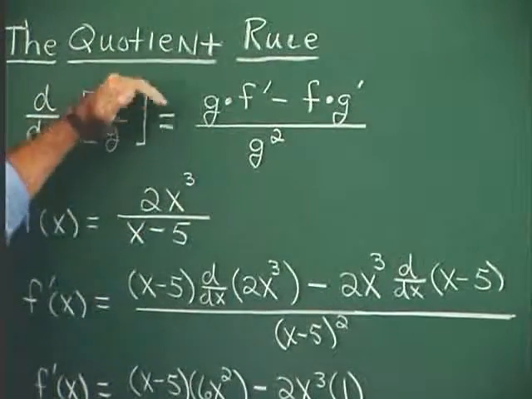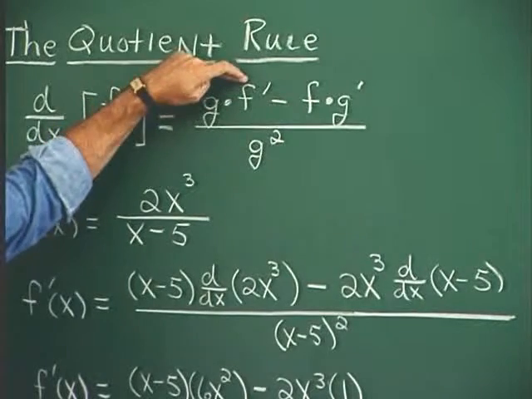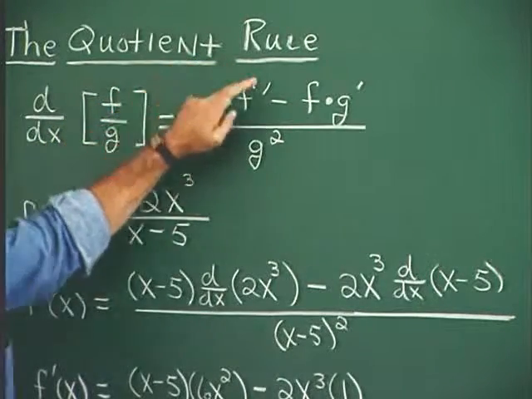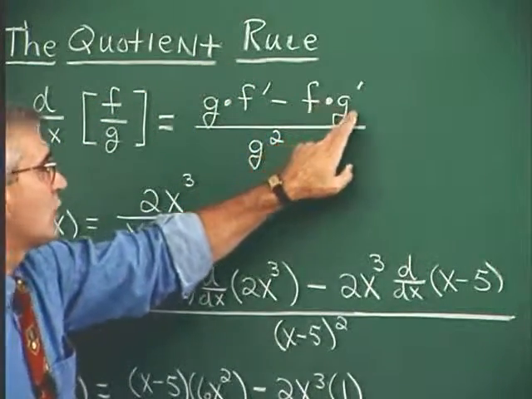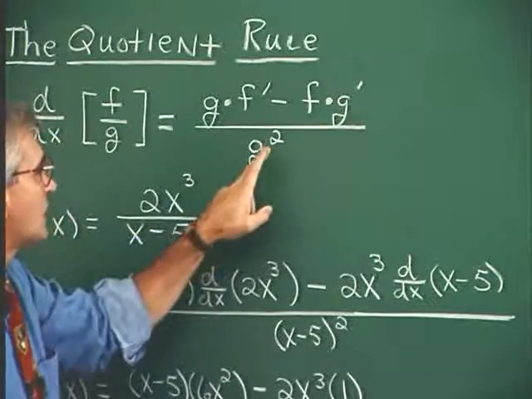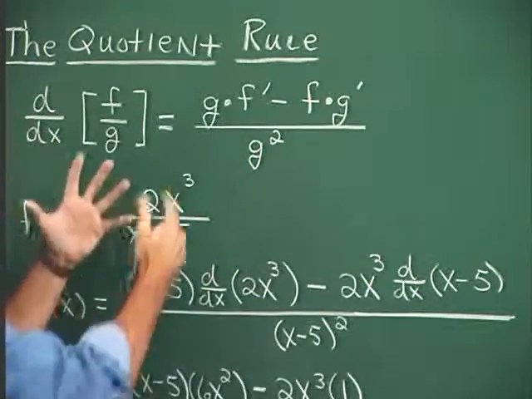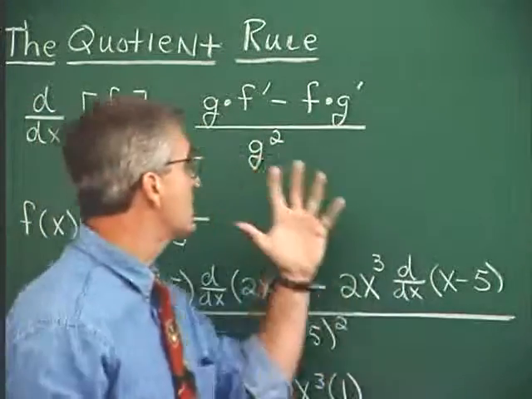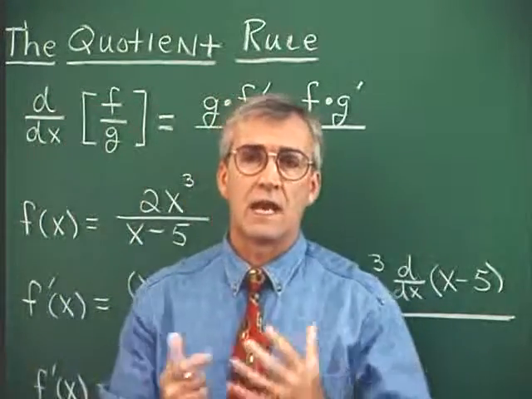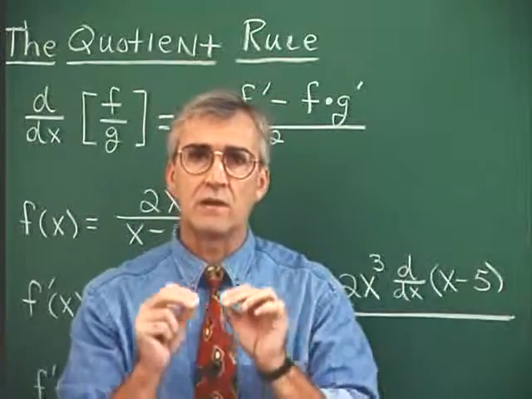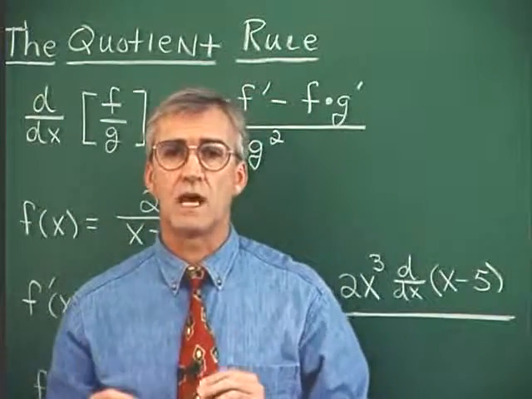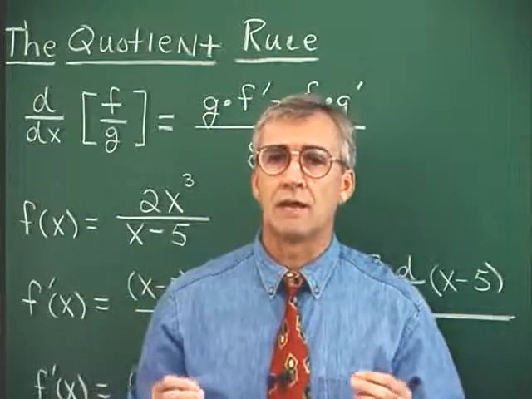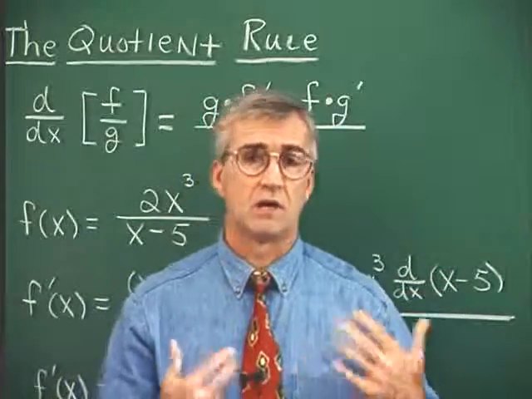So we have denominator times derivative of numerator minus numerator times derivative of denominator, over denominator squared. Following the same format, the first few times you do this, use this as a template and just fill in the information into the proper spot. And go ahead and use that template time and again.